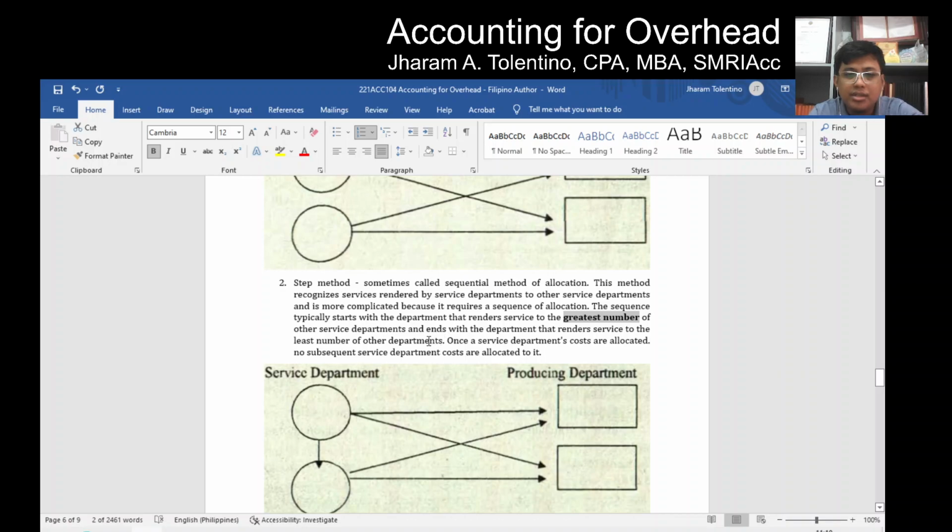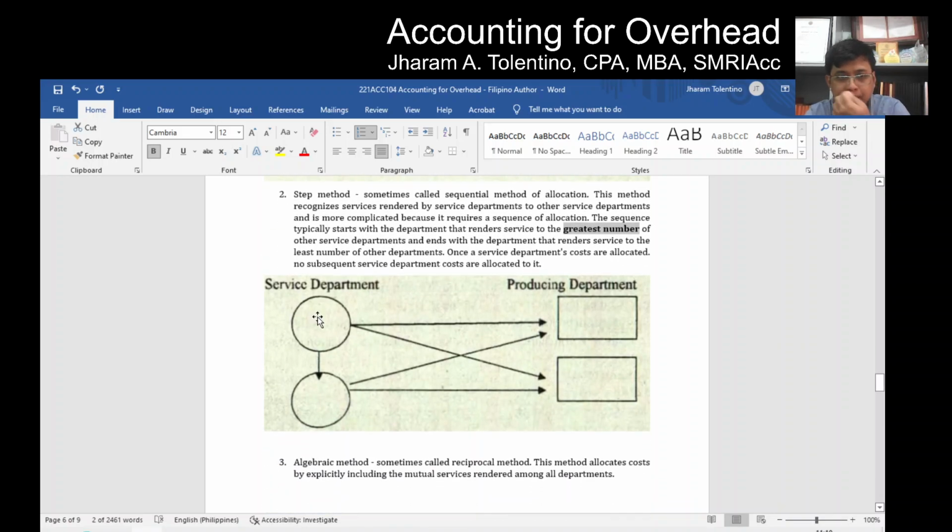So, mag-e-end doon sa pinaka-konti yung na-servicean. Once the service department costs are allocated, no subsequent service department costs are allocated to it. Okay. So, for example, dito, binaliktad niya dito. Ito si maintenance. Tapos ito si HR department.